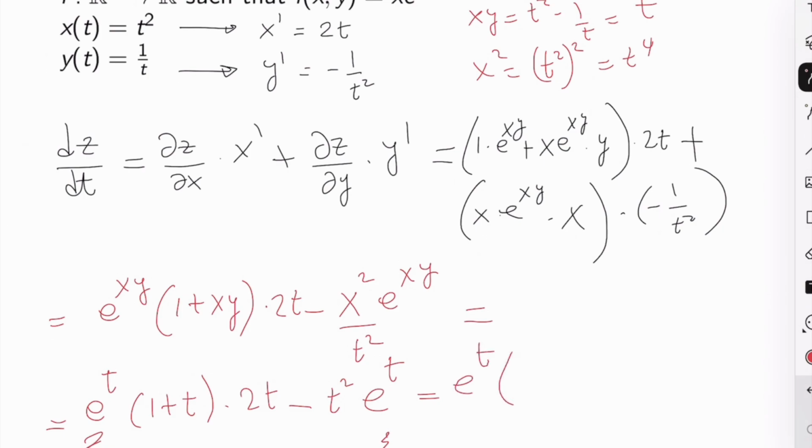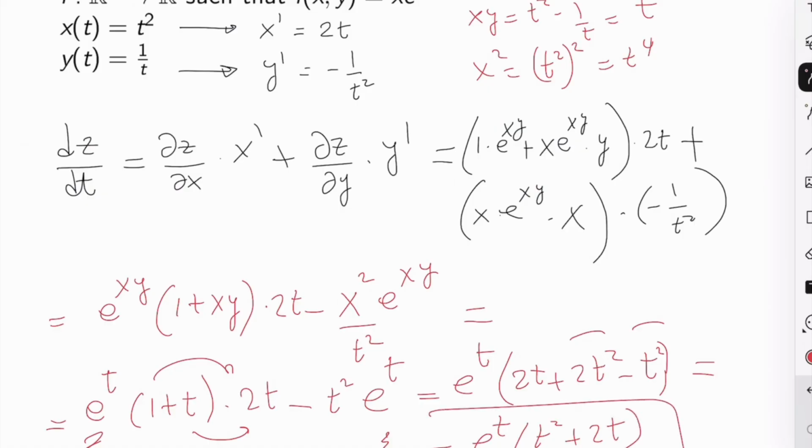So inside here, doing distributive, we're going to have 2t plus 2t squared and then minus t squared. And then e^t, here 2t squared minus t squared is just t squared plus 2t.